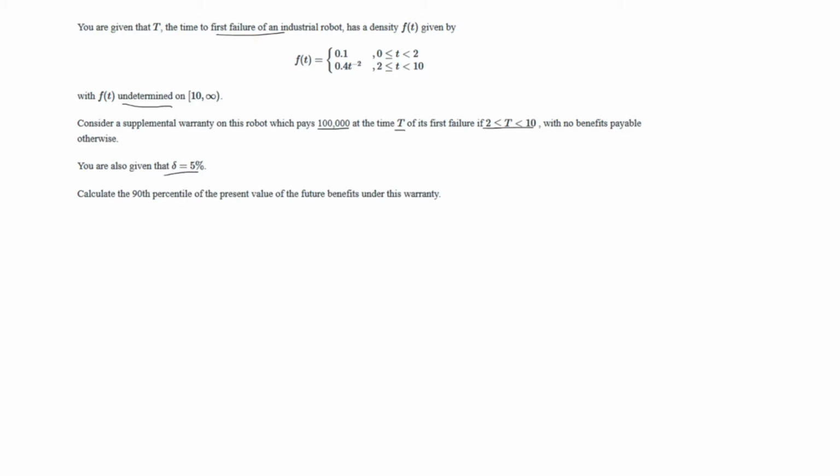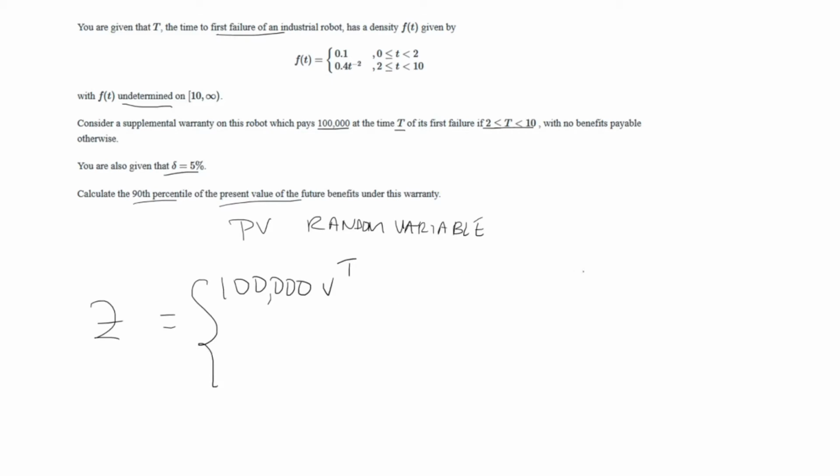We're given delta is 5%, and we want to calculate the 90th percentile of the present value of the benefits under this warranty. The first thing we're going to do is look at the present value of the random variable. We're going to denote that by Z. So it's going to be 100,000 times v to the t if t is between 2 and 10, and 0 otherwise.